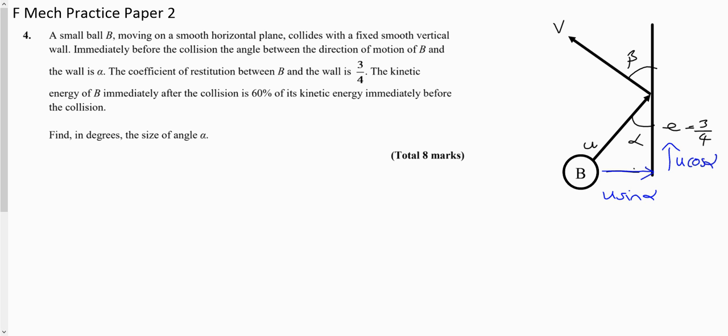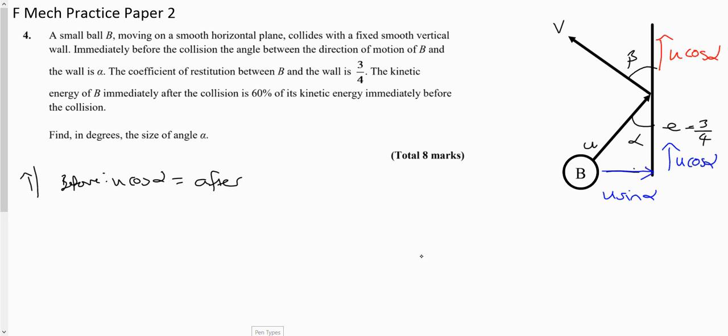Right, then if we look at what's happening parallel to the wall, there is no change in the component of velocity in this direction. So that means that before, the component of velocity is u cos alpha, and that's going to be the same after. So I know that that is u cos alpha.